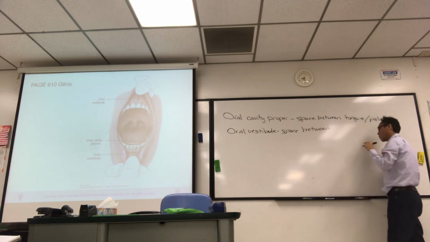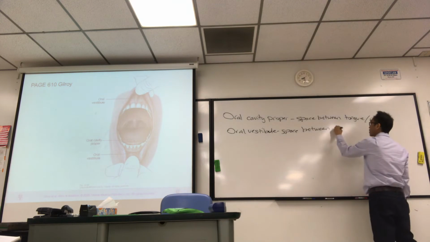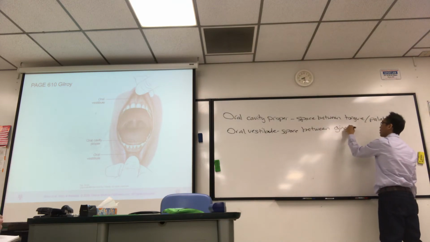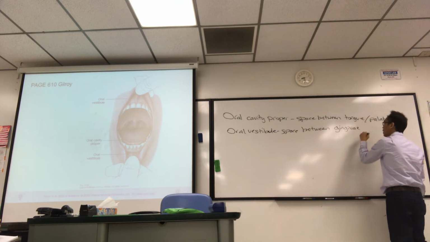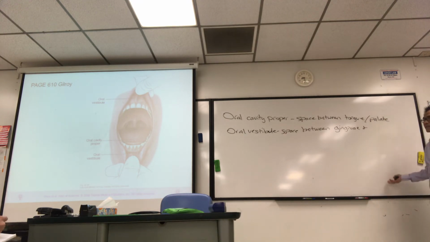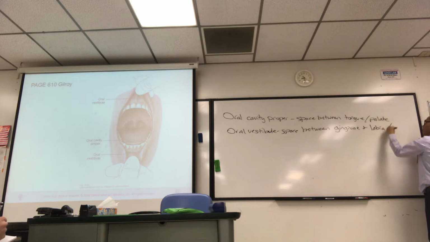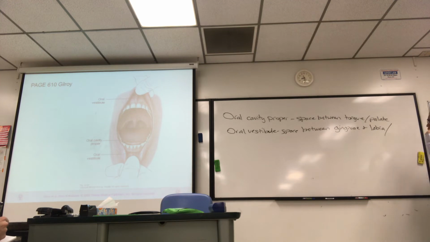So the word for gums in anatomy is gingiva. And the word for lips in anatomy is the labrum or labia, since you have two lips, upper and lower. However, if it's the cheeks, the word for cheeks is buccal.